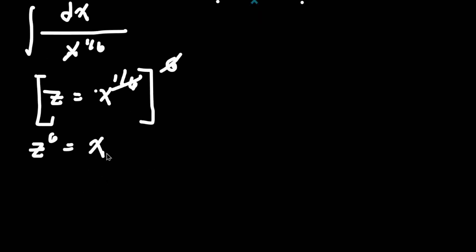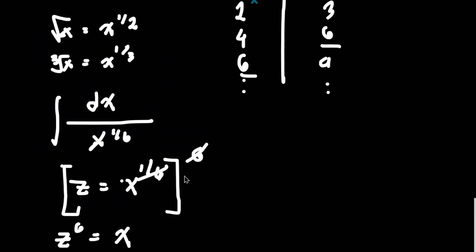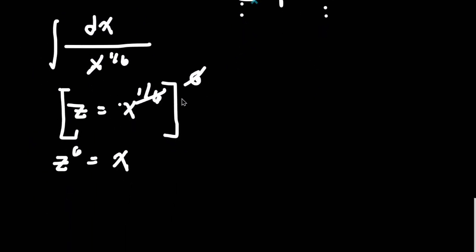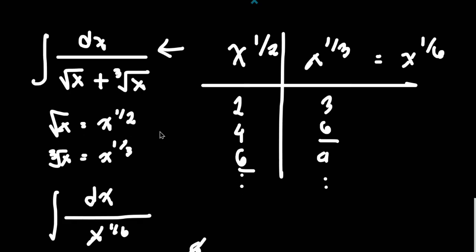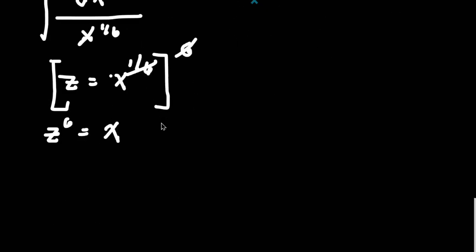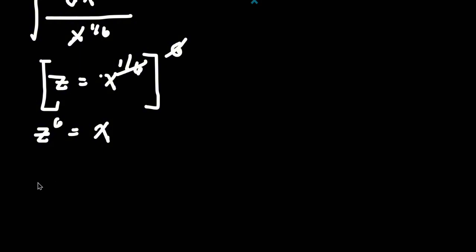Since we do have x but we don't have a dx or terms that we can substitute into the original equation, we have to derive it, or differentiate the x. So this would be equal to 6 z raised to 6 minus 1, that would be 5, and the derivative of x is simply dx.